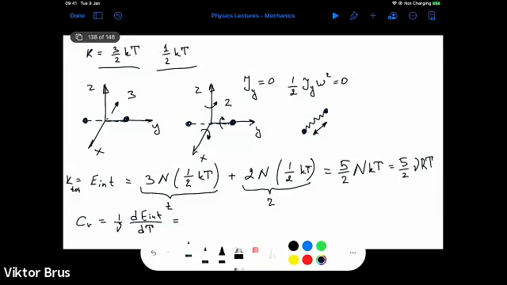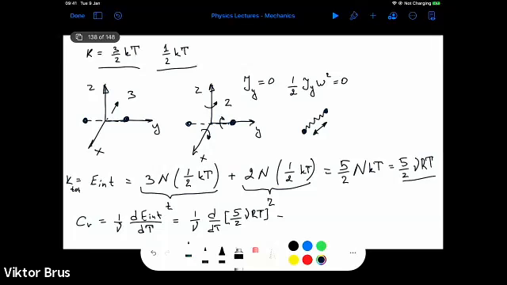And this will be equal to 1/nu d/dT, and here we need to put our expression for internal energy, which is 5/2 nu RT.